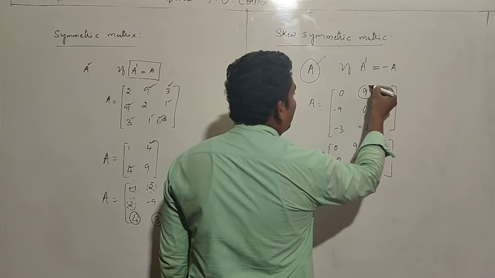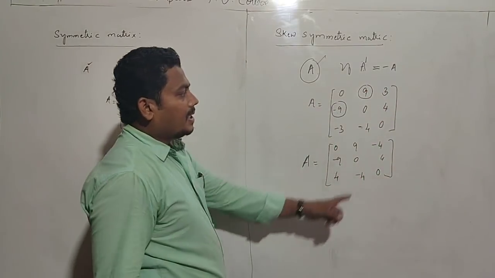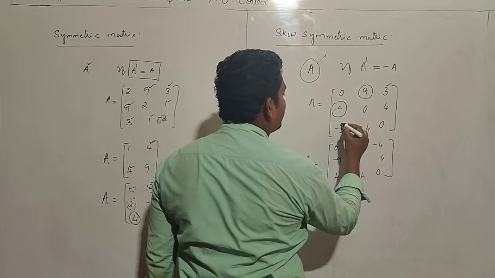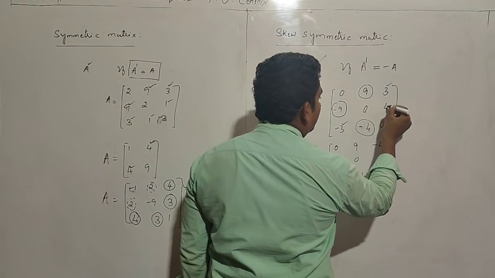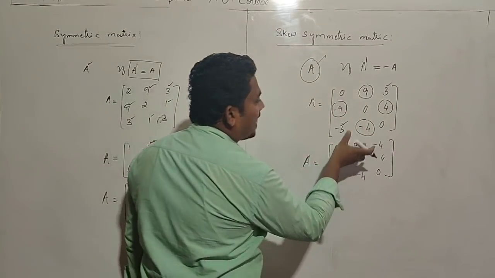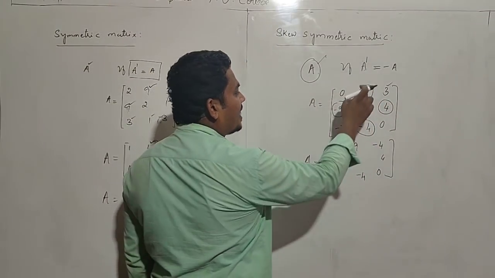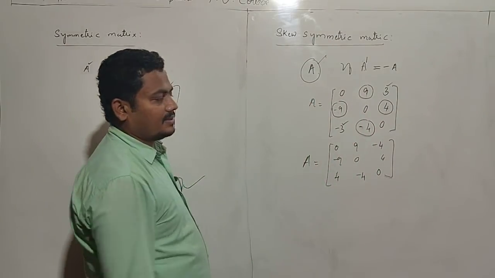Corresponding non-diagonal elements equal with opposite sign. Here we have plus 3, then this element is minus 3. Here we have minus 4, this is plus 4. All diagonal elements are equal to 0, and non-diagonal elements are equal with opposite sign.